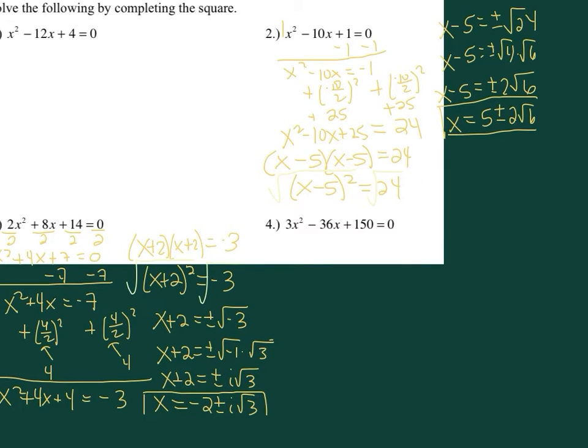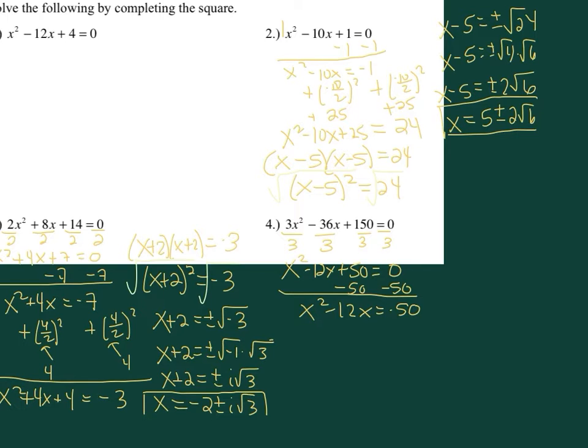We have an a value of 3. So again, we'll start by dividing every term by 3. So we'll have x squared minus 12x plus 50 is equal to 0. Next step is to move the constant to the right-hand side. So we have x squared minus 12x equals negative 50.